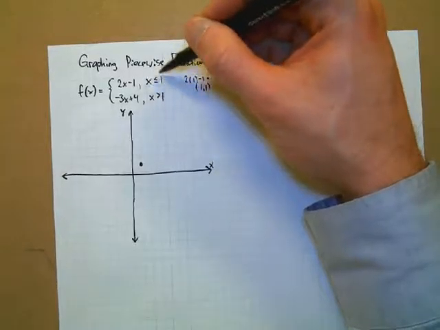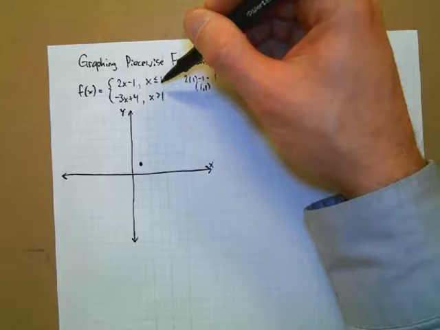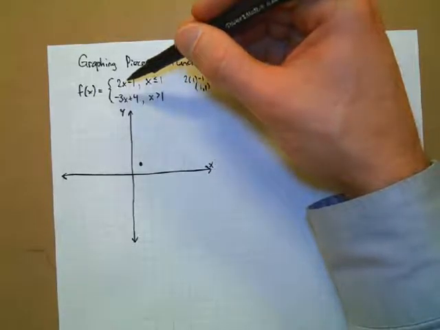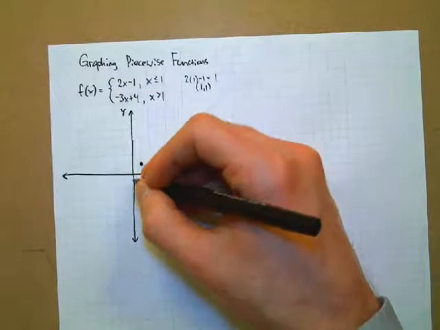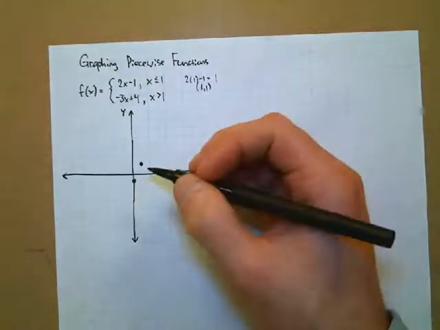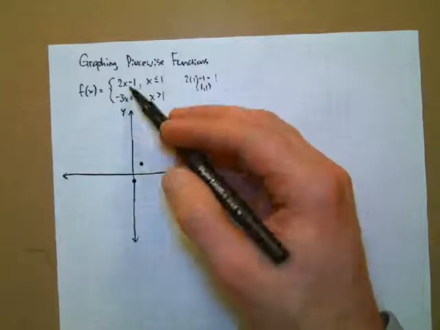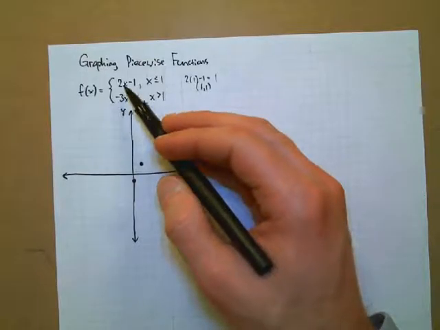Another way you could do it is, well, this is in slope-intercept form, 2x minus 1. In fact, there's that y-intercept of negative 1. We could use the slope to get more points. Of course, from here, we're not going to go up to the right 1 anymore, because we don't want to go any further than x values of 1, because of that constraint. So instead of going to the right, we'll go down to the left 1 and put a point, down to the left 1 and put a point, and so on and so forth.